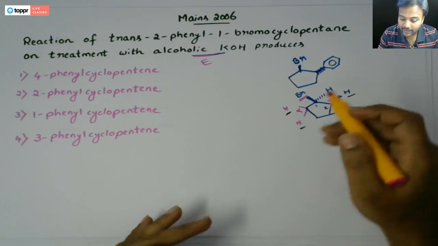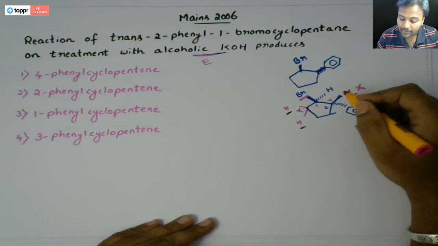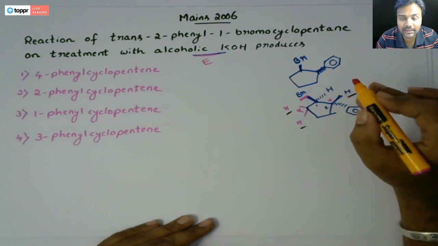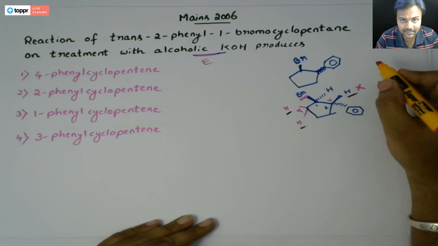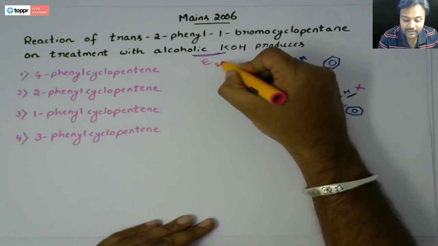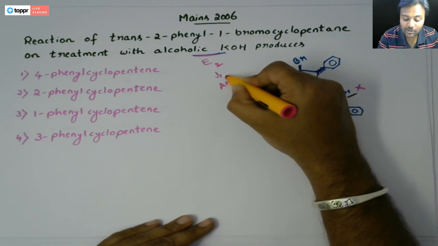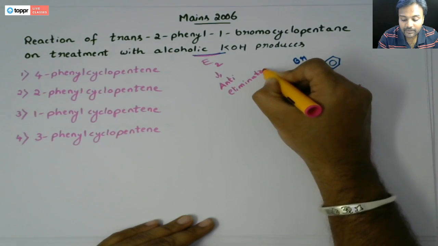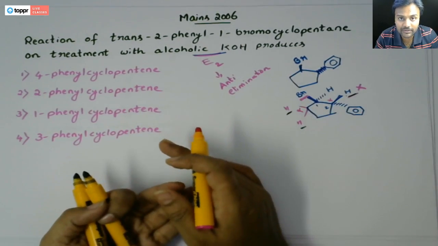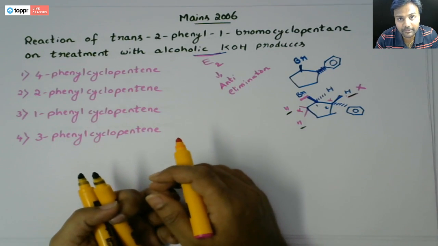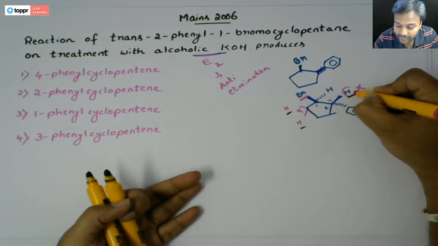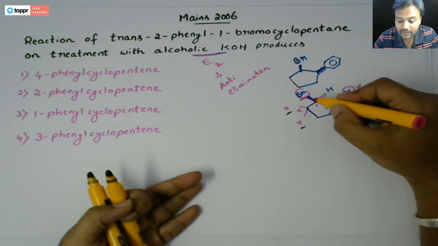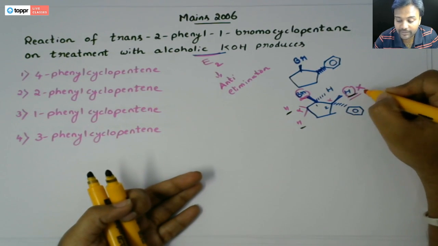I cannot eliminate this hydrogen because this bromine and hydrogen are present in the same configuration, cis. The E2 mechanism is also called anti-elimination. Means stereochemically they should be opposite, right? Then only you can eliminate. But here you have a hydrogen and bromine having the same cis configuration. So this hydrogen cannot be eliminated.